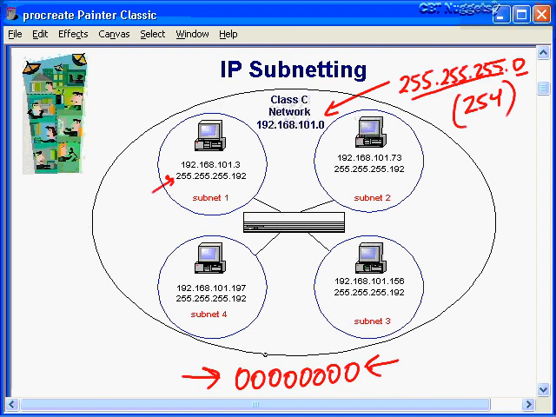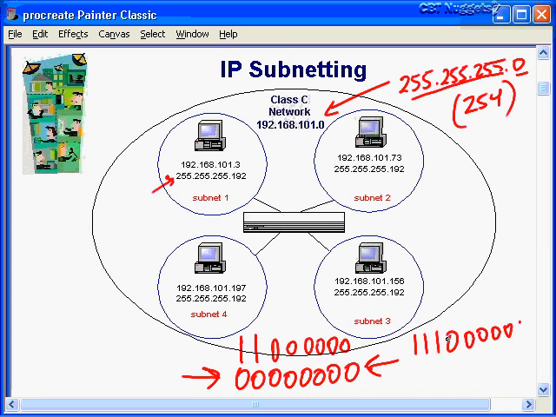Well, if I want to create some subnets, all I do is create a separate partition and say, you know what, I'm going to use the first 2 bits for subnetworks, or I could say, if I need more networks, I just grab the first 3 bits of the last octet and create some subnetworks out of that.